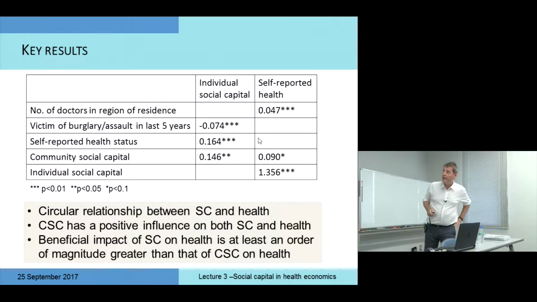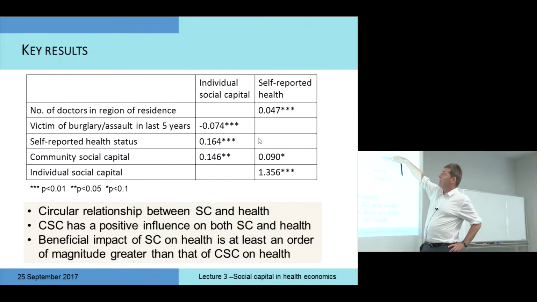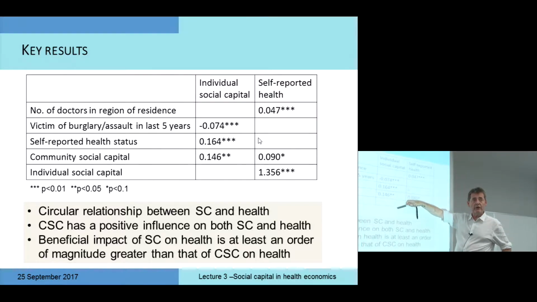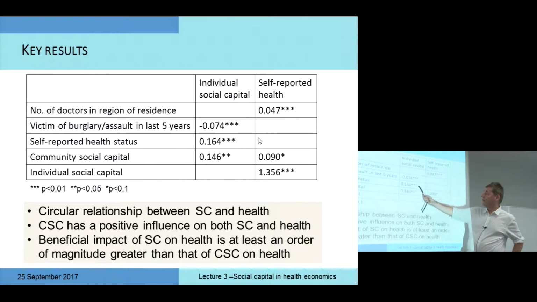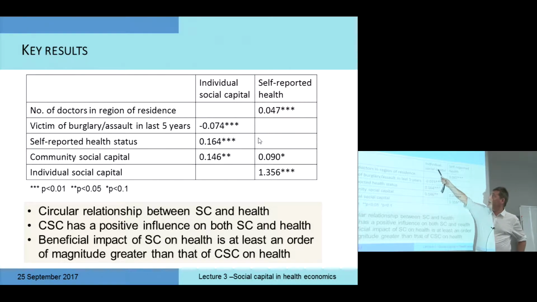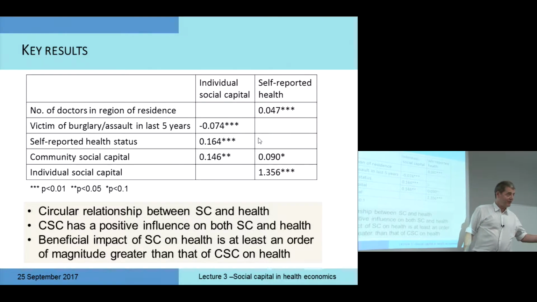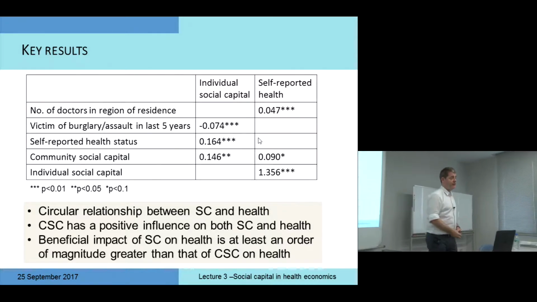So what have they found? Well, we've got 2 equations. One equation determining individual social capital, another equation determining the self-reported health. If we look first of all at individual social capital, what they found was that there was quite a strong negative relationship between the individual's social capital, how much they trusted people, and whether they'd been a victim of burglary or assault in the last 5 years.